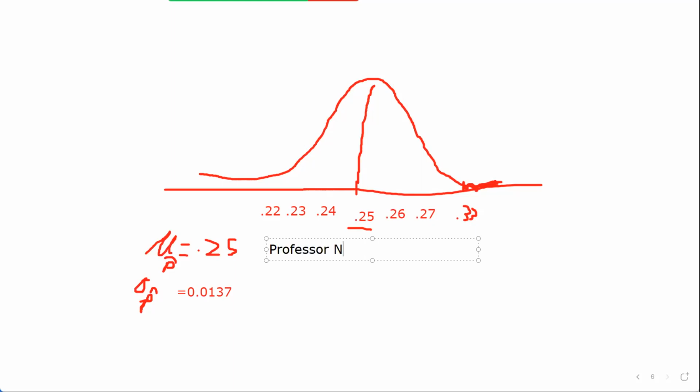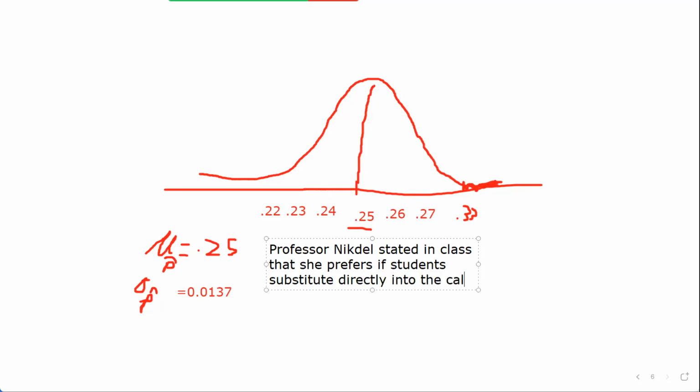Professor Nickdell stated in class, and I think she put a slide in if she revised the PowerPoints, that she prefers if students substitute directly into the calculator without, this is big, without converting to a z-score first, just because this is already time consuming, okay?